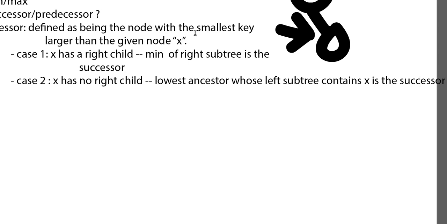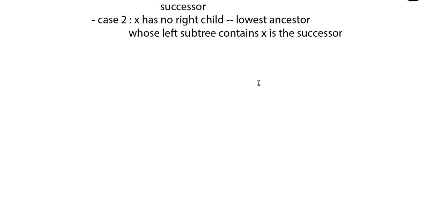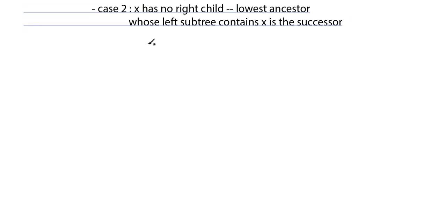You guys can't see that, so let me actually move this. Okay, so the lowest ancestor whose left subtree contains x is the successor. So if you want a picture, how does that look? Well, so what are we saying?